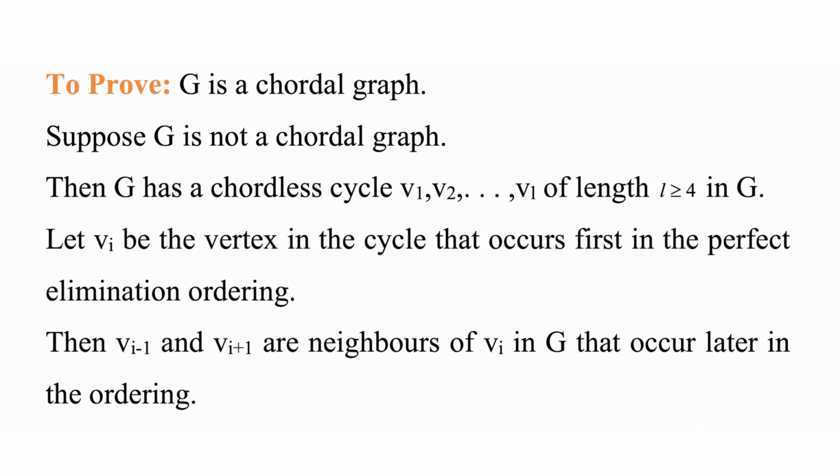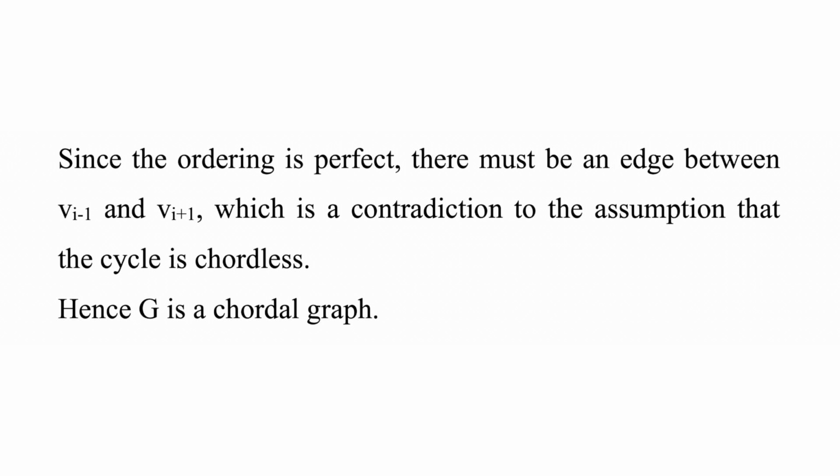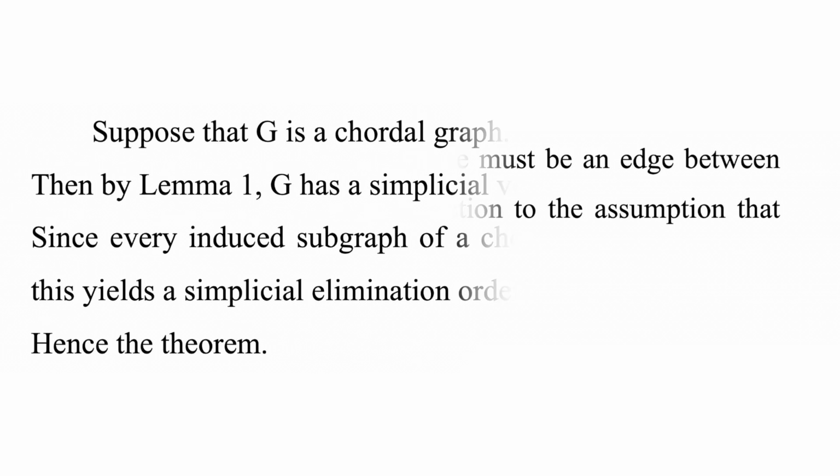Then Vi minus 1 and Vi plus 1 are neighbors of Vi in G that occur later in the ordering. Since the ordering is perfect, there must be an edge between Vi minus 1 and Vi plus 1, which is a contradiction to the assumption that the cycle is chordless. Hence, G is a chordal graph.